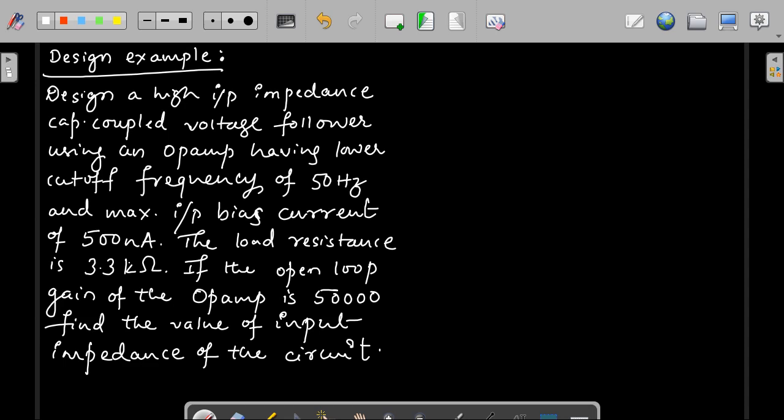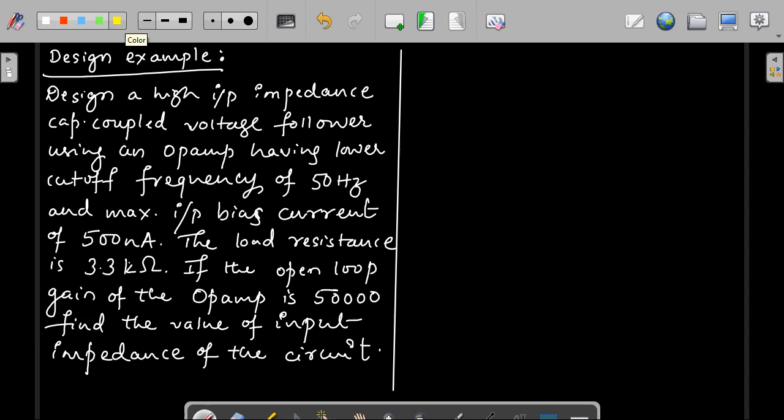Anyway, we will see it later. The load resistance is given to be 3.3 kilo ohm. If the open loop gain of the operational amplifier is 50,000, find the value of the input impedance of the circuit. I think this problem can be very easily solved. All the required information I have given, but again, as I mentioned, you should always draw the circuit diagram.